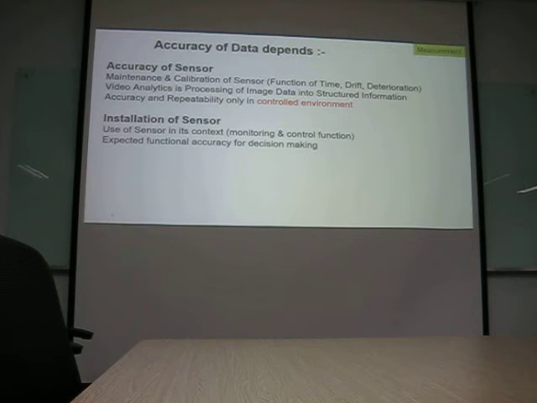Because when you take information, you make a decision on whether to lock the door, turn the vehicle left or right. You are actually using the data for making decision. But if you are taking the data for awareness, you don't care about accuracy. But when you make a decision, it's no different from you go and see a doctor.